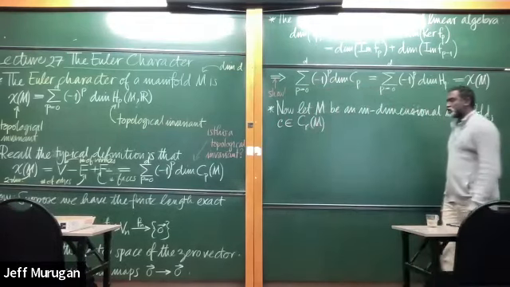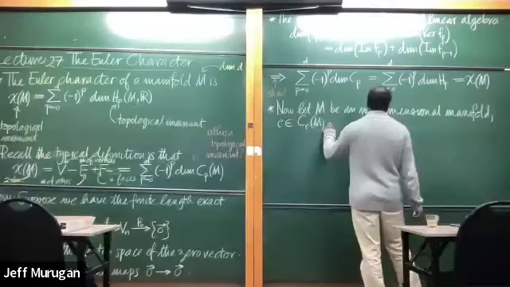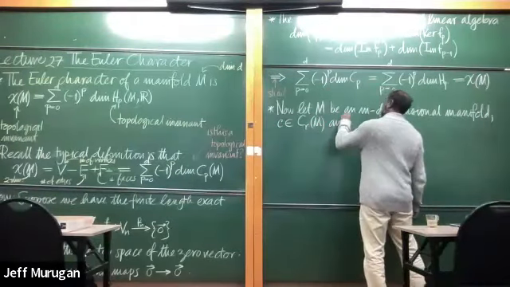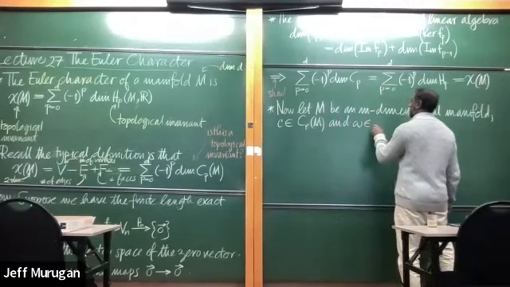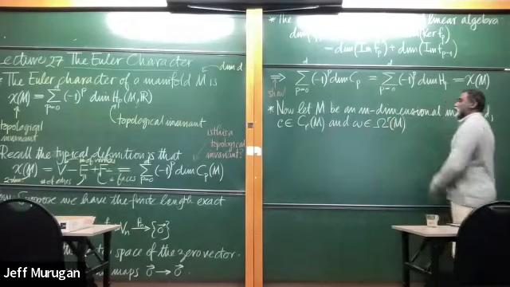Yeah. So this is some R chain here. And omega will be some R form on it.